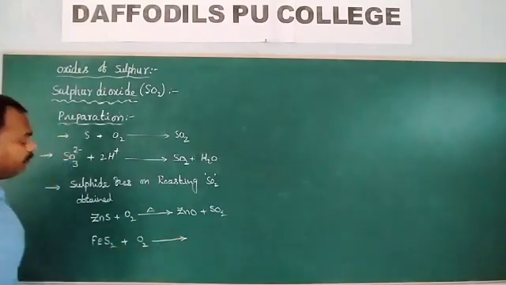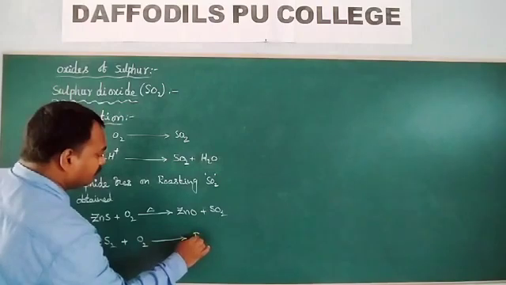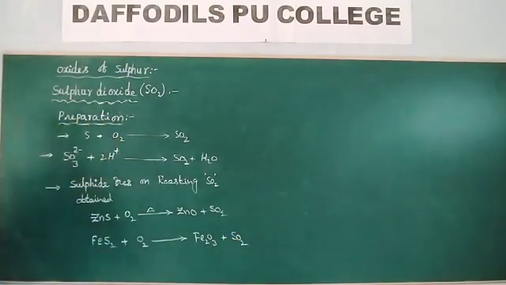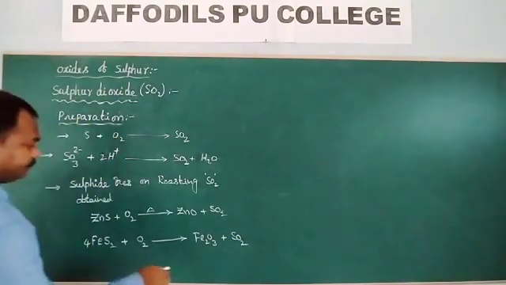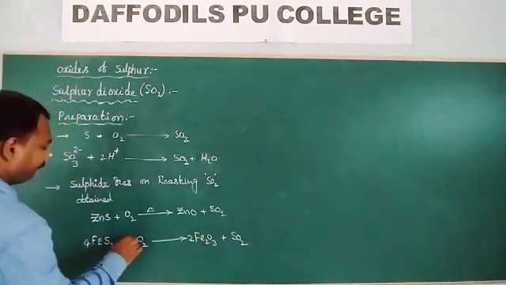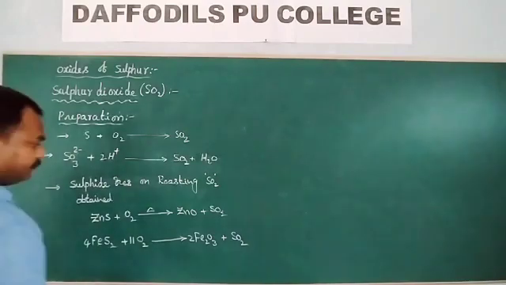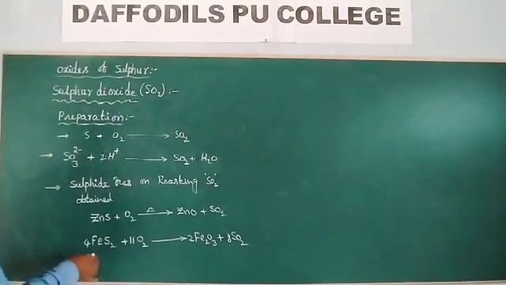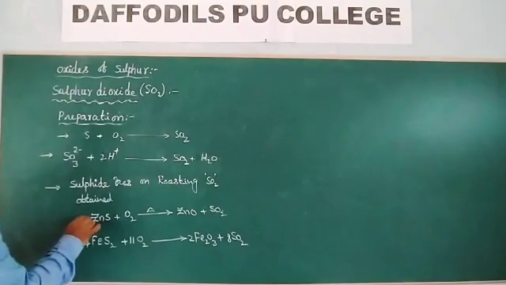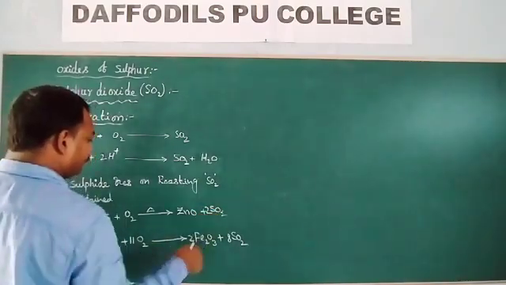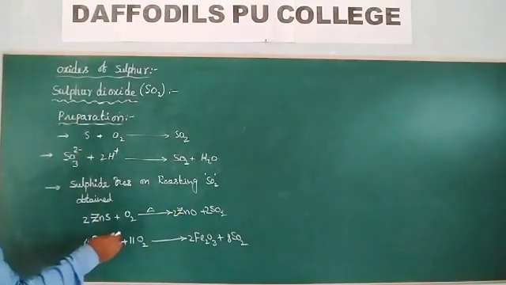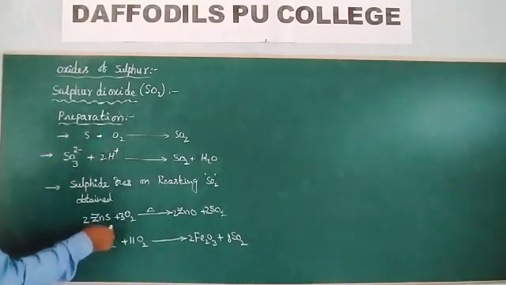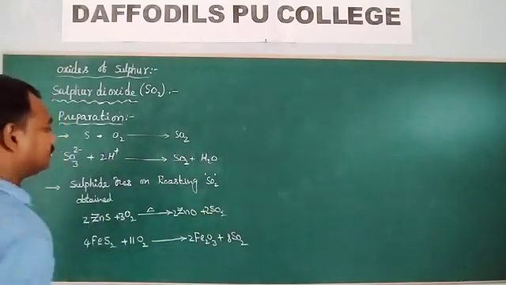Sulfide ores on burning with oxygen give us sulfur dioxide.